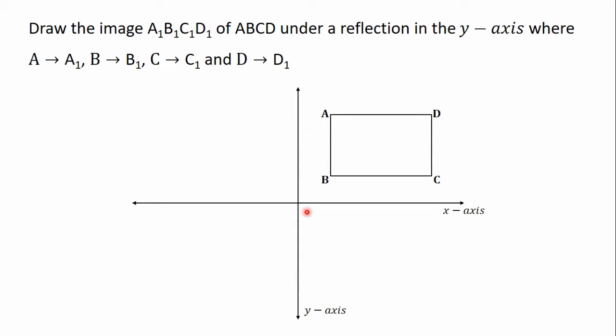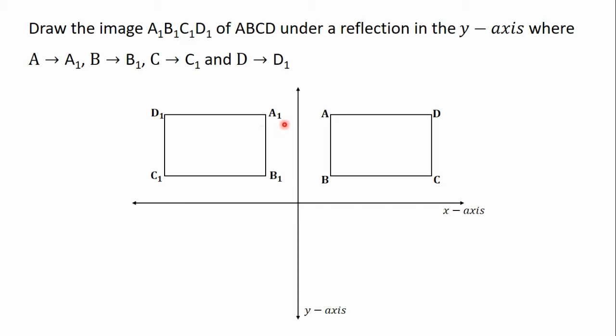If we use the y-axis as our mirror line, the image of this rectangle ABCD will be at this point of our graph sheet, and the coordinates of the vertices of this rectangle will be A1, B1, C1, D1. So if we reflect the rectangle ABCD using the y-axis as our mirror line, we will have rectangle A1, B1, C1, D1 as our image rectangle.